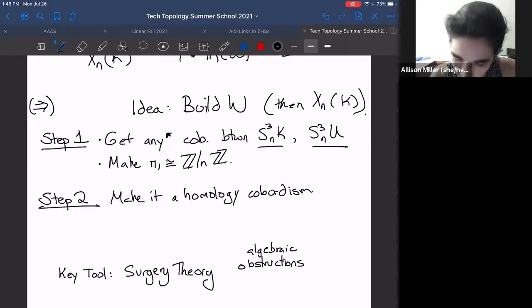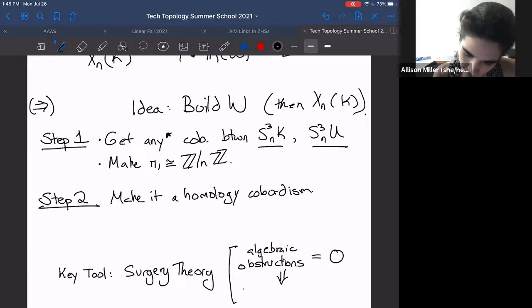And surgery theory, in dimension 4 here, tells us that if these algebraic obstructions vanish, then you can actually change your thing to an integer homology cobordism.